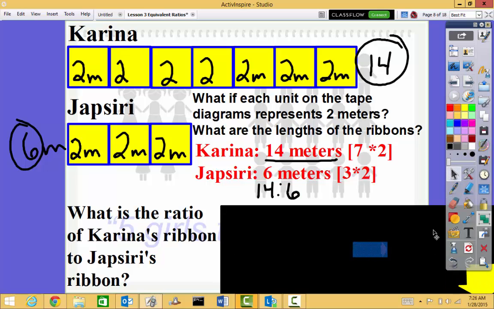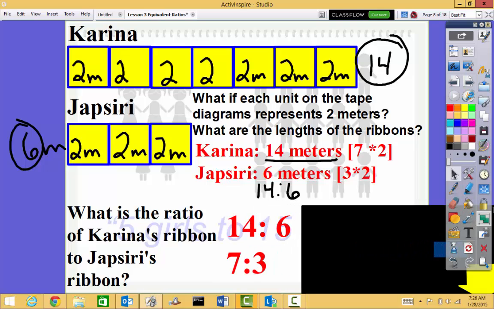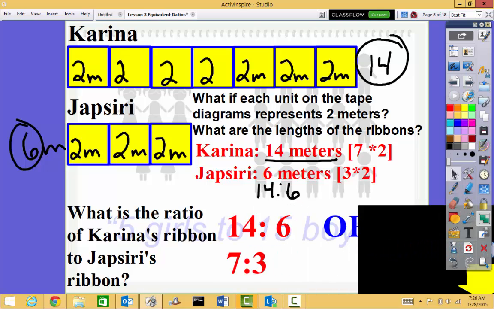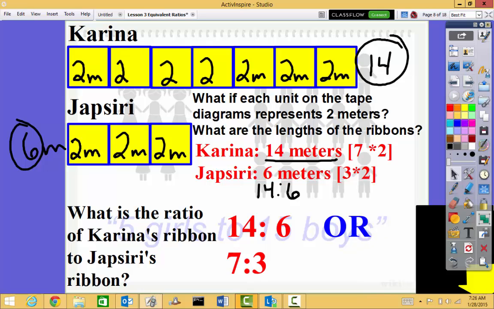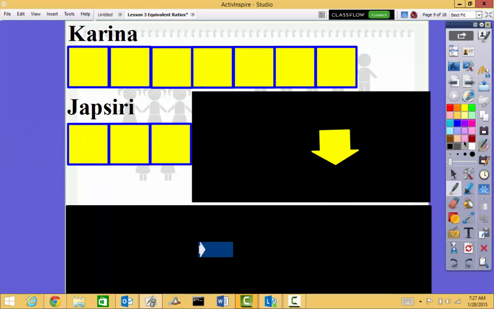But if you remember, I also had from the previous problem, it said it was 7 to 3. And if I look here, I still have 7 boxes to 3 boxes. So which one is it? Well, guess what? We're not going to find out just yet. We still have one more problem before we discuss that.